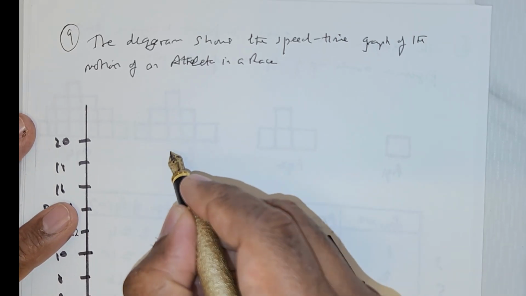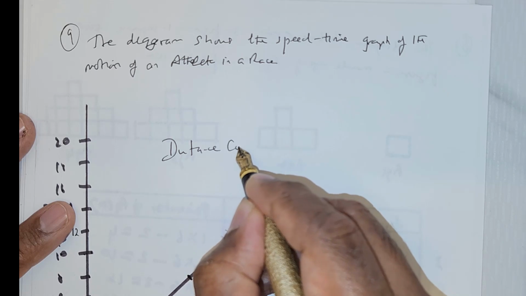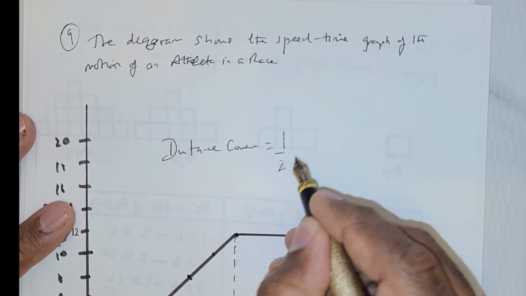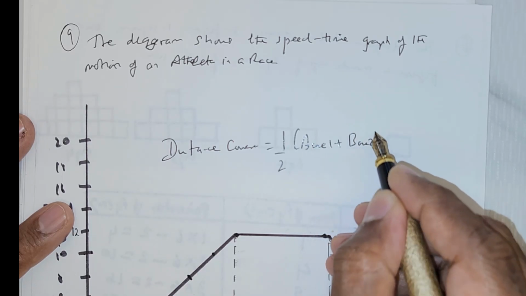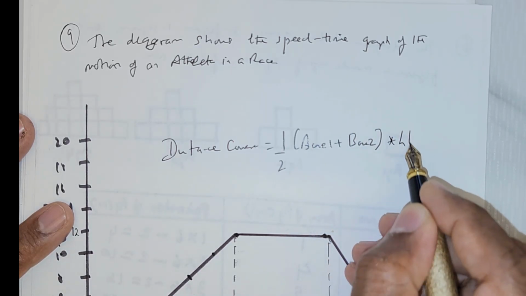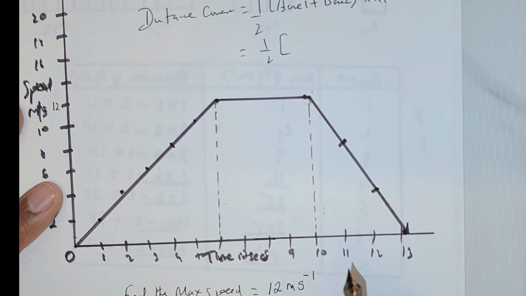So I'm going to write it down here. Distance covered is nothing but half times base 1 plus base 2 multiplied with height. So half times, we need to know the base, right?